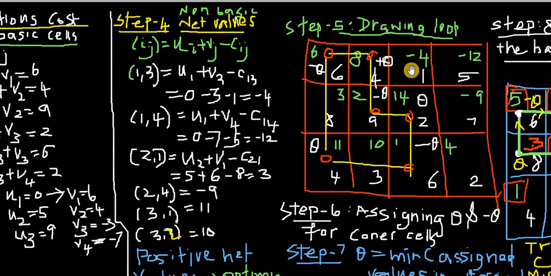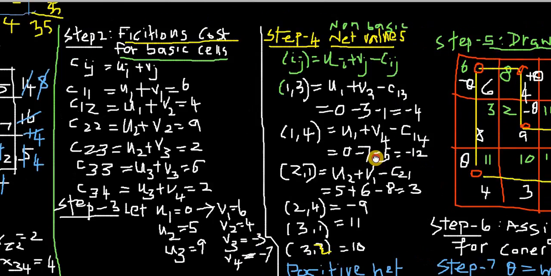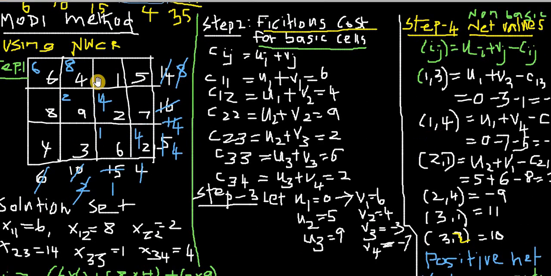Non-basic cells are this, this, this, then this, then this. You just go see in this particular picture, you will understand that this is a non-basic cell, this is a non-basic cell, non-basic cell, non-basic cell.